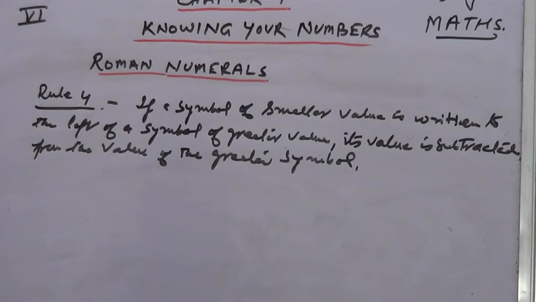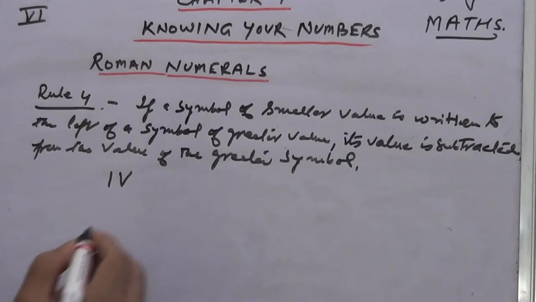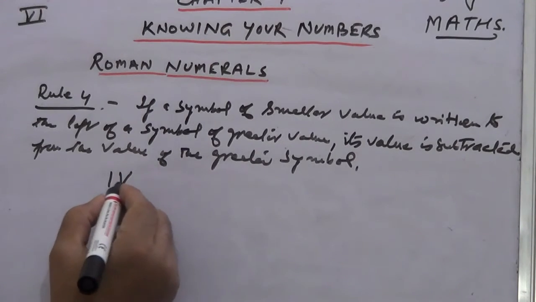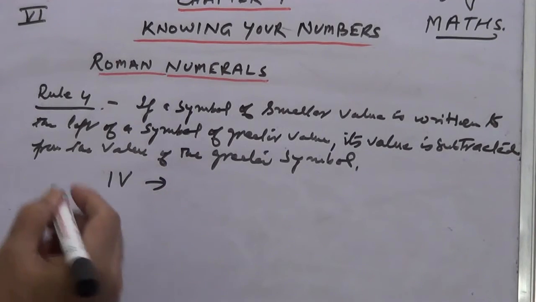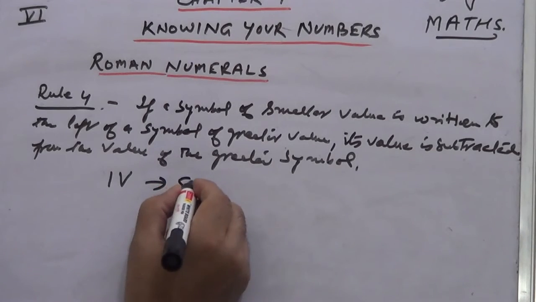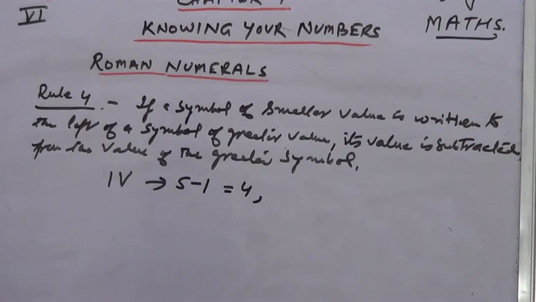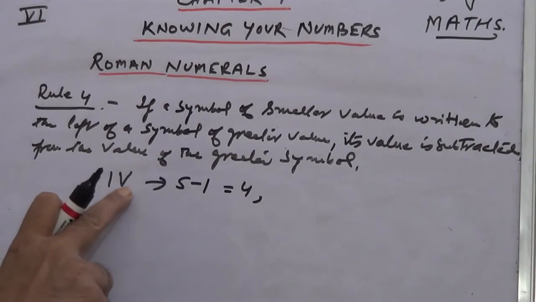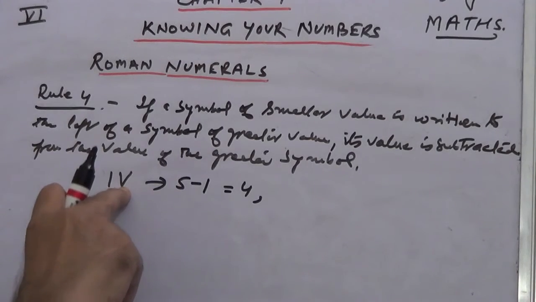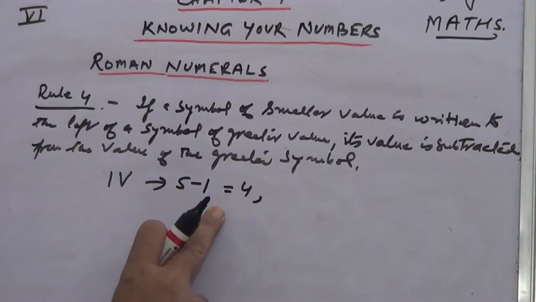Now we can see, we write V for 5, and if we put I before V, it does not become 6, it becomes 1 subtracted from 5, which is 4. So a smaller value symbol before the greater value symbol reduces its value.